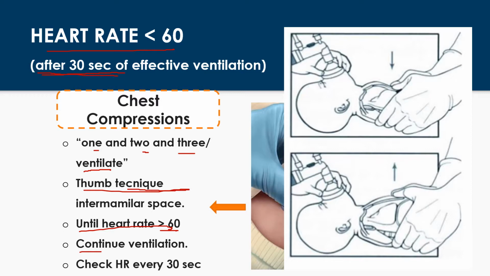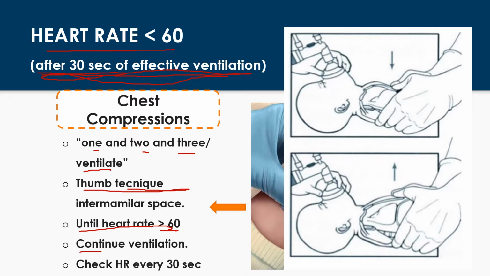It's very important, this thing that I say to you, because some babies can be born depressed with heart rates under 60, for example 55 or 40, but they haven't had positive pressure ventilation. And as I said in the previous slide, positive pressure ventilation saves the baby 90% of the time, because the cause of the bradycardia is the hypoxia. So when you give good ventilations, the hypoxia resolves and the bradycardia resolves.